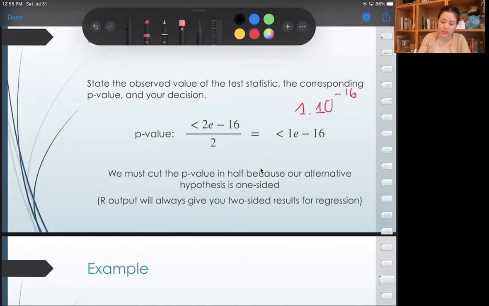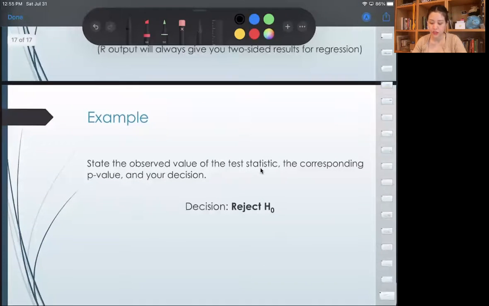It is definitely less than 1%, which is 0.01. When p-value is less than alpha, we reject H naught. So the decision is we reject H naught.